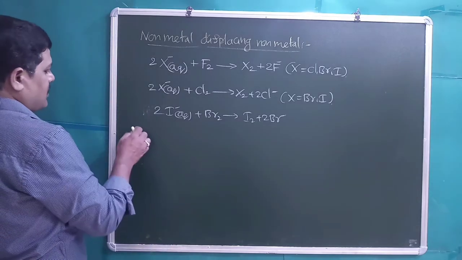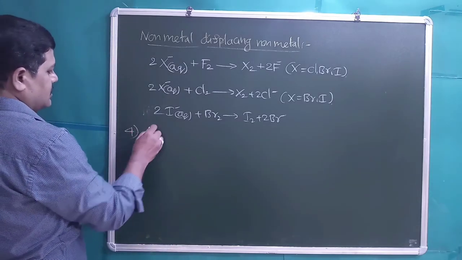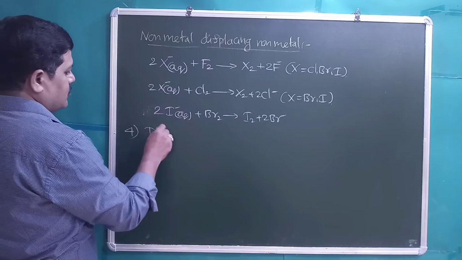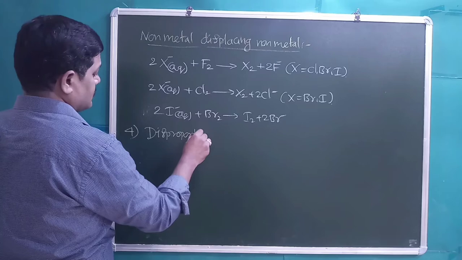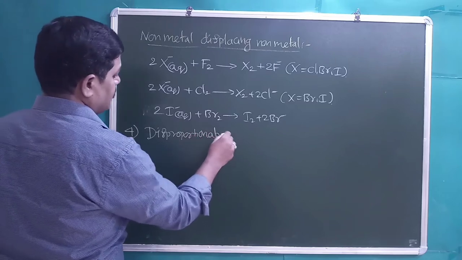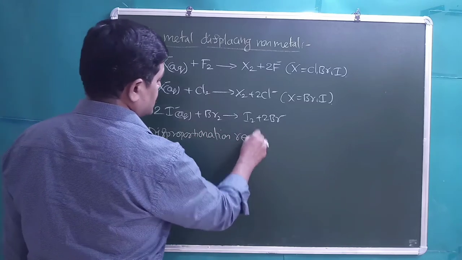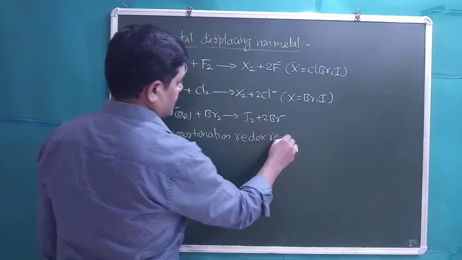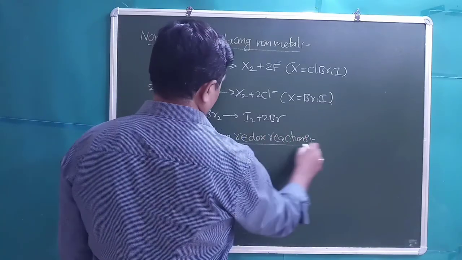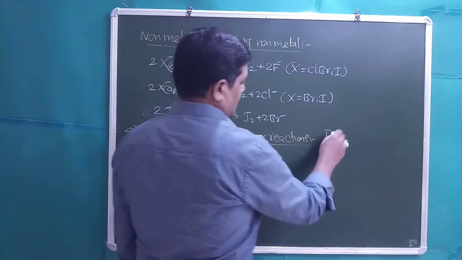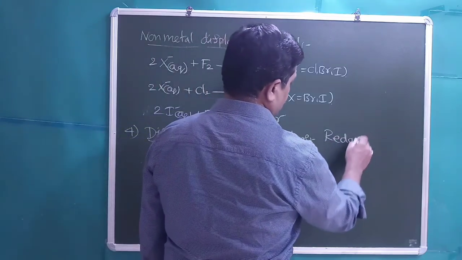And the fourth type of redox reaction is the disproportionation redox reaction.